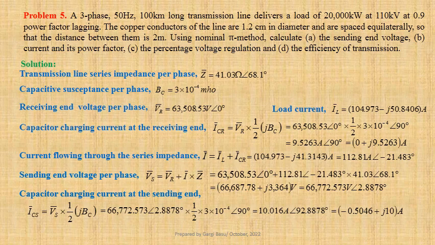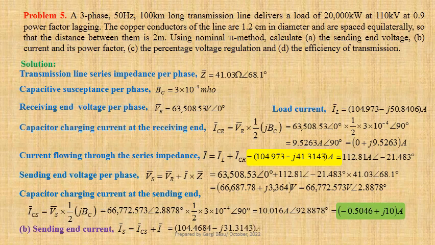Now we shall determine sending end current. Is equals ICS plus I. Using values we get 104.4684 minus j times 31.3143 ampere. This may be written in polar form as 109 ampere at an angle minus 16.686 degree.